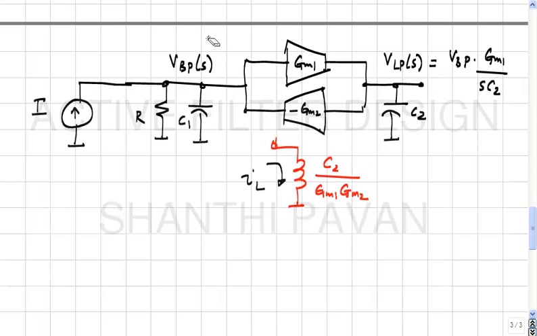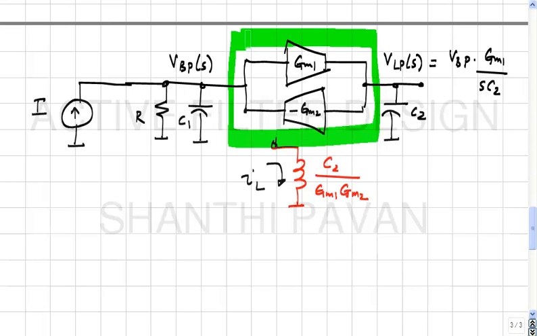You understand? That's one. Now, another interpretation of this whole thing is the following: this is a gyrator, right? Its job is to take the voltage at one port and make it look like a current at the other port, and so on.